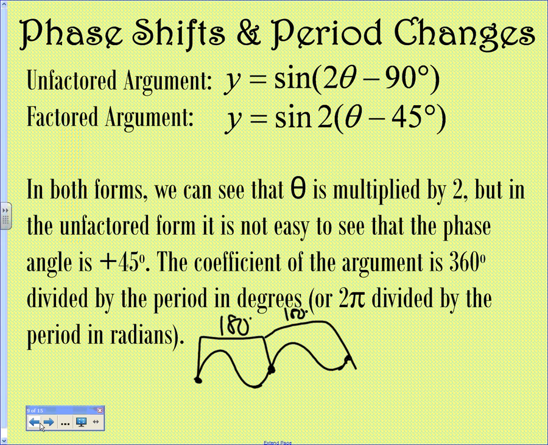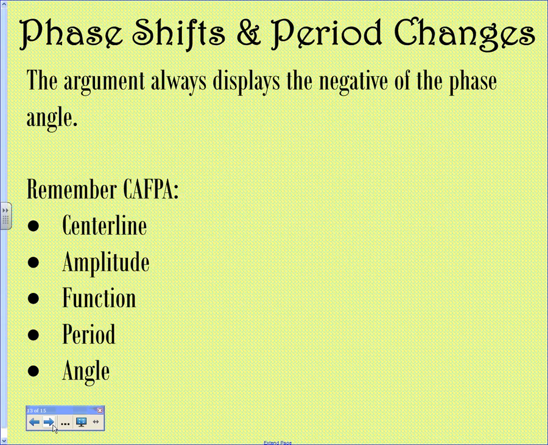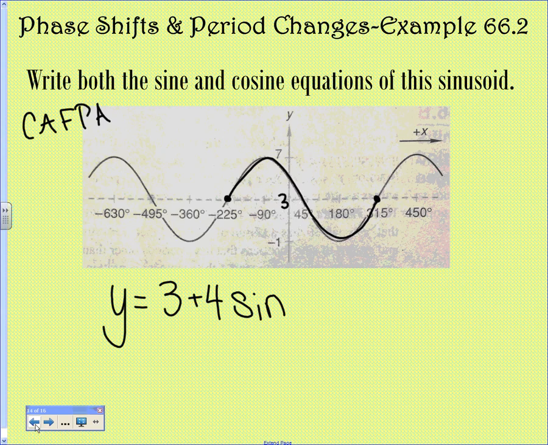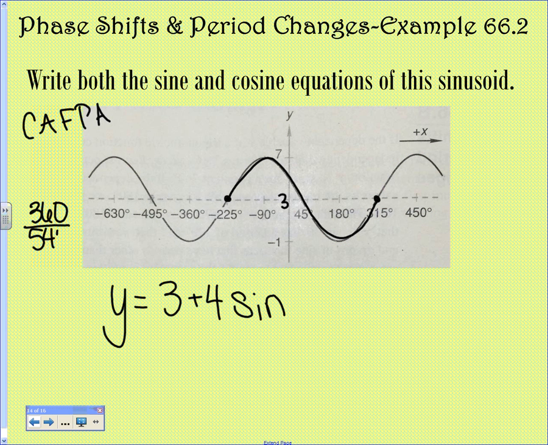So how do we get the actual number? The coefficient is 360 divided by the period. So 360 divided by, what was it? 540. What is 360 divided by 540? 2/3. Oh, not theta. X. And then we're going to say minus some angle.